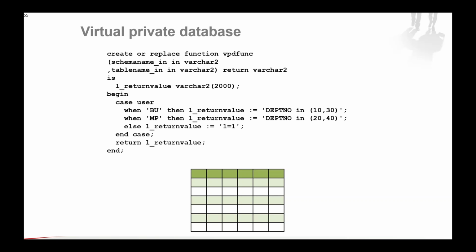Yeah, but there's also an exempt access policy privilege, something. I'm not sure what the exact name is. So you can grant that to your development user, but you can also make your function return the value 1=1.